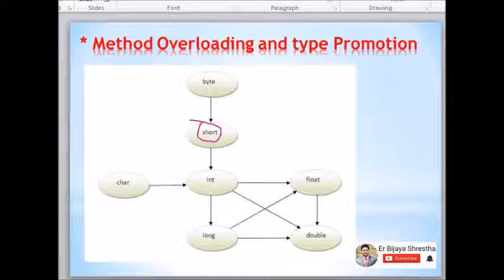can be promoted into int, then into long, then into float and double also. And here, the char data type can be promoted to int, long, float, and double, and so on.